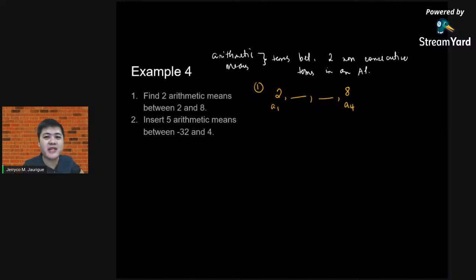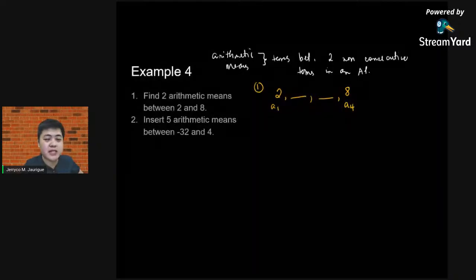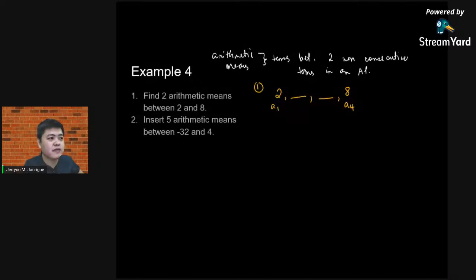Ngayon, kung alam lang sana natin yung common difference, kaya natin makuha yung second tsaka third term. So, ang gawin natin, kunin natin yung common difference. We'll be using the formula na binigay sa atin kanina ni Trixie, yung na-derive natin na formula. So, sabi doon, A sub n is equal to A sub 1 plus n minus 1 times d. So, let's substitute. Meron tayong A sub 4 tsaka A sub 1.